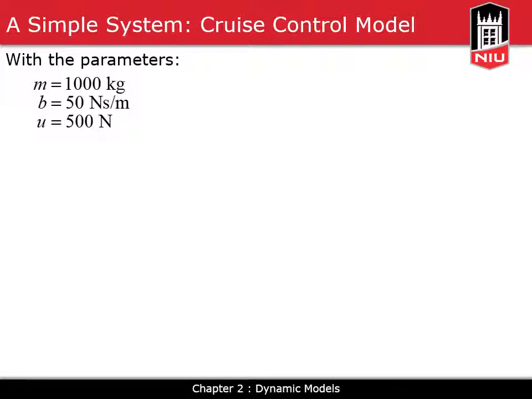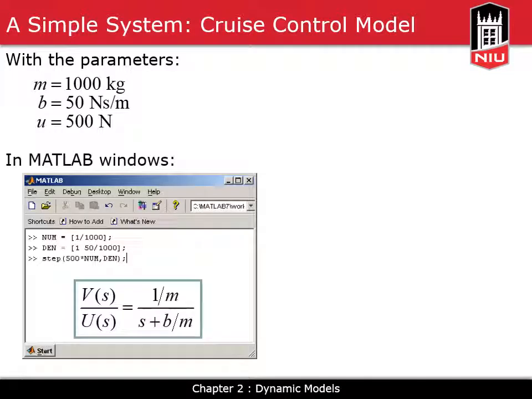We assume we want to know how the velocity would change if we apply a constant 500 Newton force to our car in that example. We can use MATLAB to find out how the response would look.